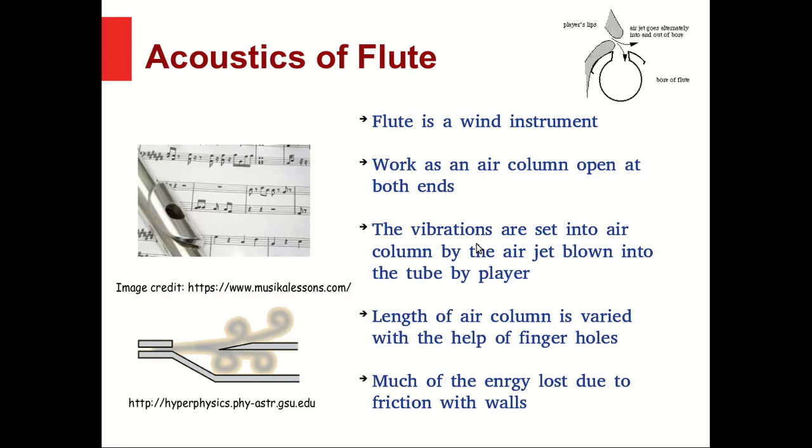So how does a flute work, how is sound produced in a flute, let us see. Basically a flute player blows some air inside the flute through this embouchure hole. Now the movement of the lip of the player is quite special.